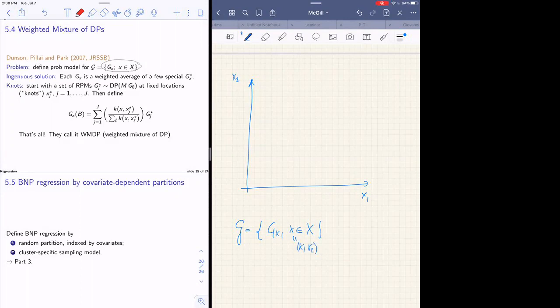So for any pair here, we want to have a prior for a random probability measure. Each of these points here indicates G sub X. I can't draw the G sub X because it would be a third dimension going out of the screen. But I can highlight the whole idea, because the idea is very simple and therefore ingenious.